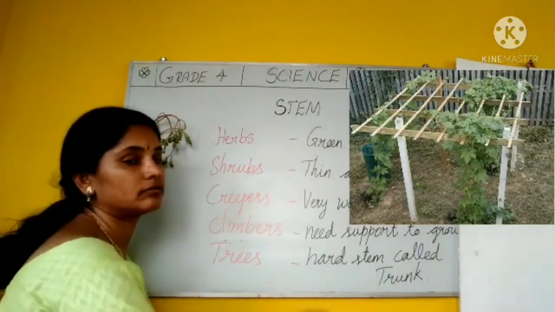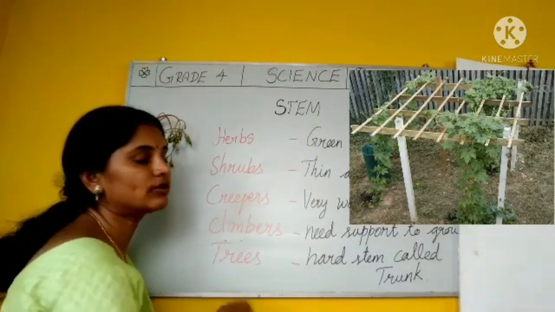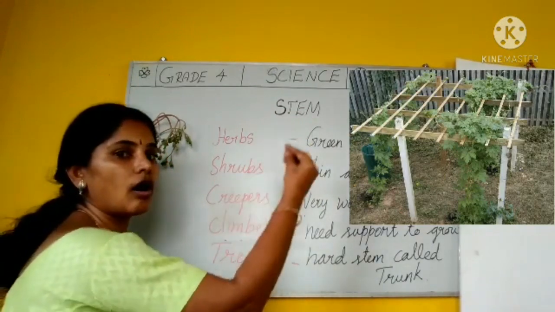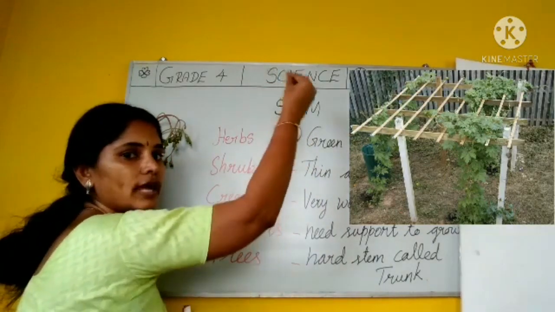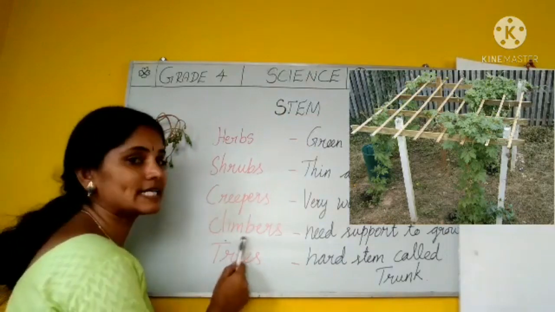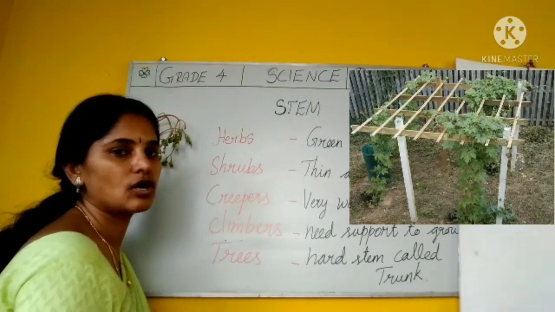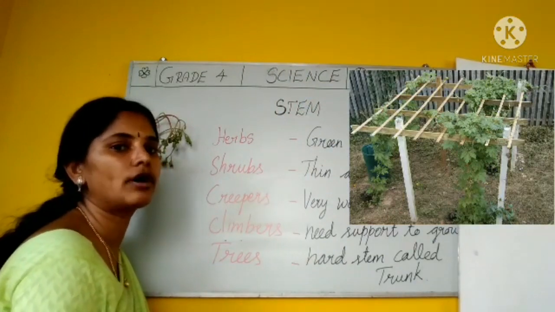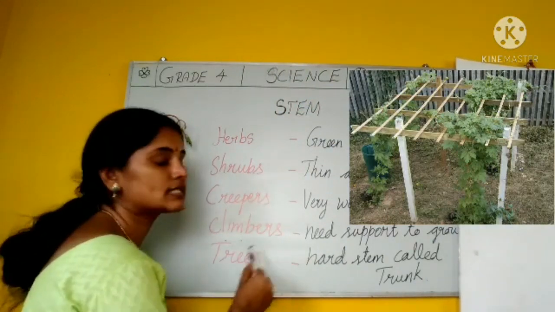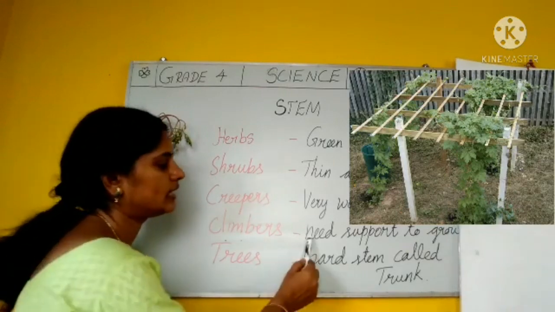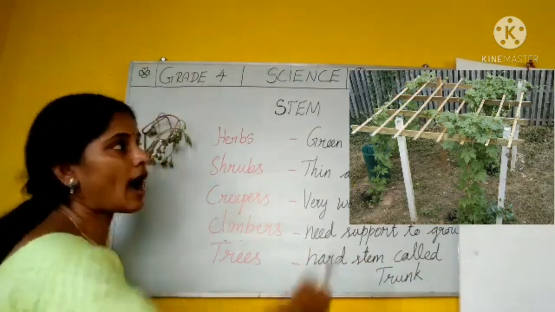Then snake gourd. If they hold on to a support, they grow around the support. So they are called climbers. Snake gourd, bitter gourd: they are climbers. They need support to grow upright.